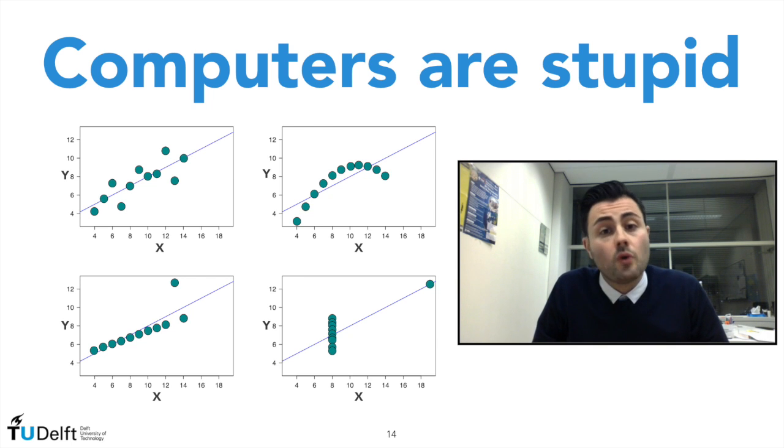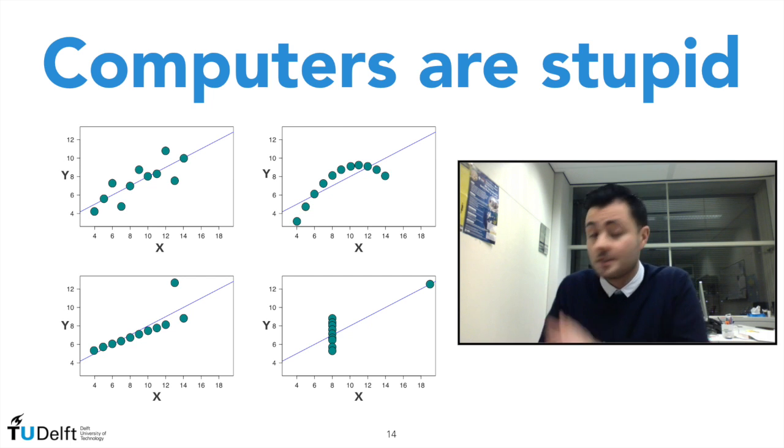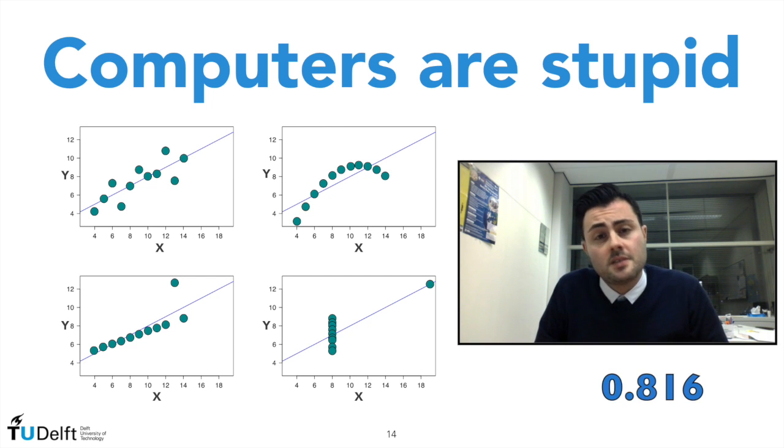Now consider this last plot. We have 4 different subplots. What do you think is the plot with the highest correlation? And what is the plot with the lowest correlation? Actually, correlation in these plots is always the same. It's 0.816.